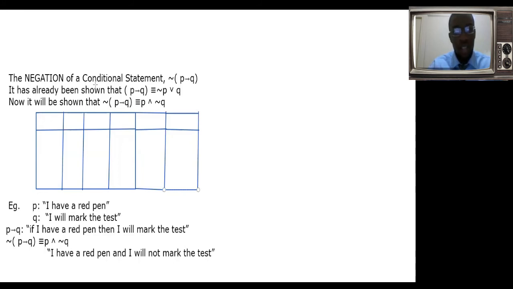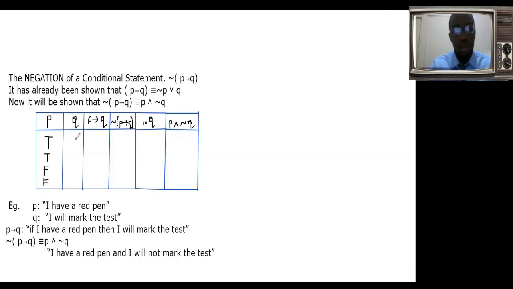So that's fine. Right here, we're going to have P, then Q, then P implies Q. Then after P implies Q, we're going to have the negation of P implies Q. After that we need not Q, then P and not Q. And so for P, it is true, true, false, false, true, true, false, false.